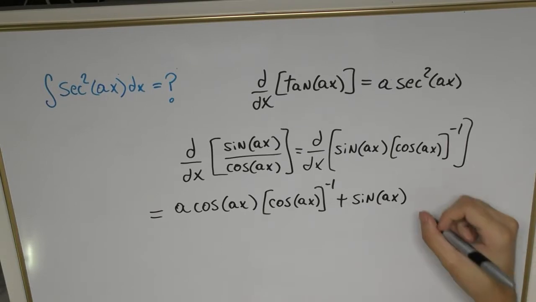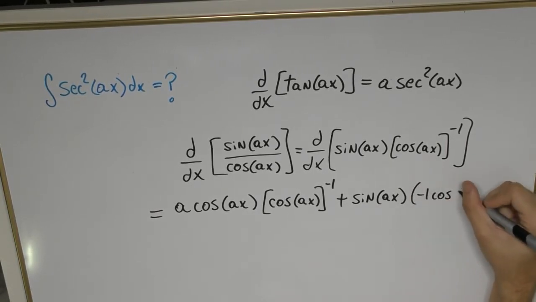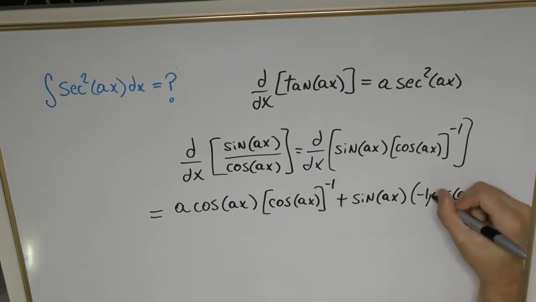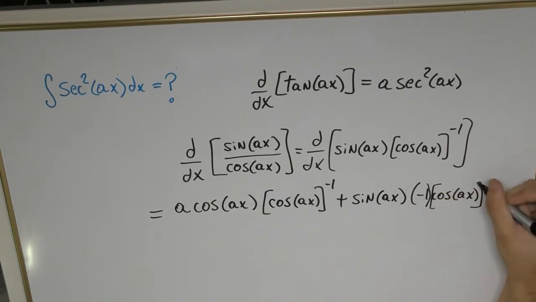So the first thing is we're going to bring that power -1 down times cosine of ax. Okay, so let's have that -1 over here. And then this whole function is going to become cosine of ax to the power of -2. And the final thing we need to do to this is we're going to differentiate the function inside. So that's going to be minus a times sine ax.